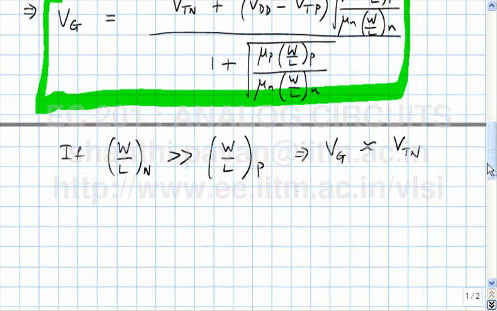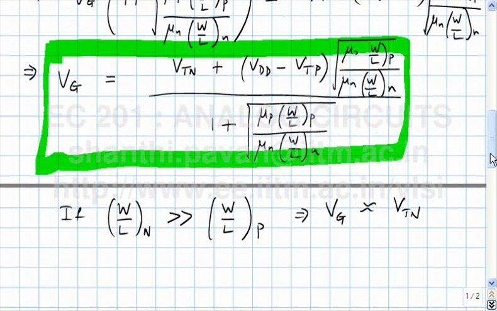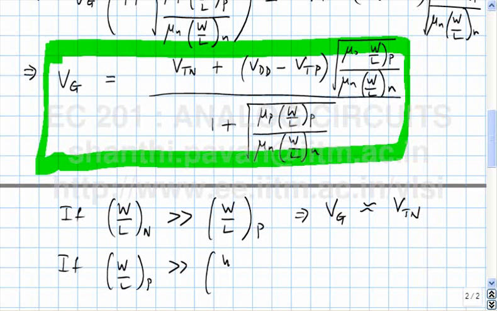And you can see that if W by L N is much larger than W by L P, then the trip point of the inverter will basically tend to VTN. On the other hand, if W by L P is much larger than W by L of the NMOS device, then VG is approximately equal to VDD minus VTP.